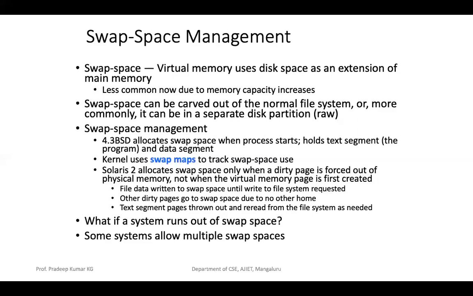Right now in the market, the memory capacity of disks has increased, so it is very little in use. Swap space can be carved out of the normal file system, or more commonly it can be a separate disk partition. In general, we call it raw.